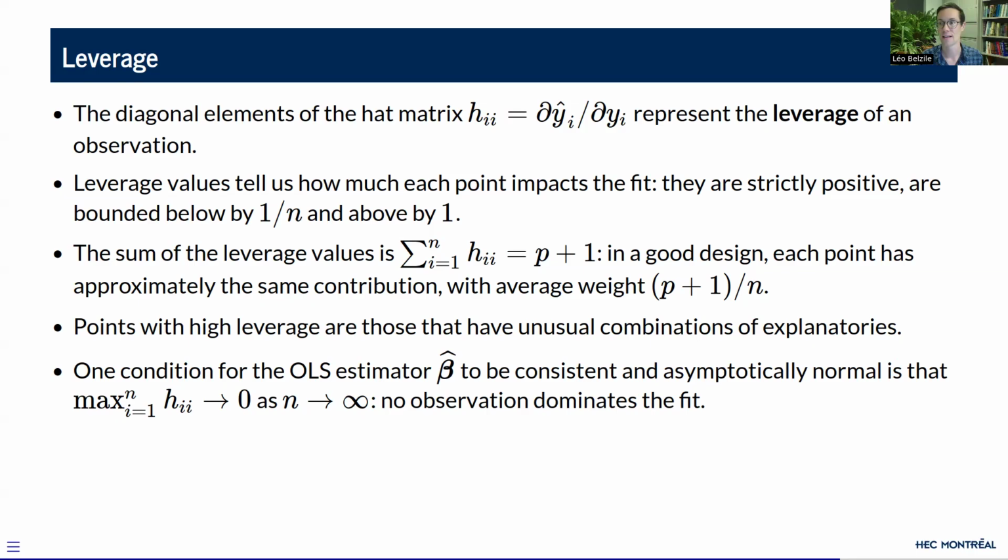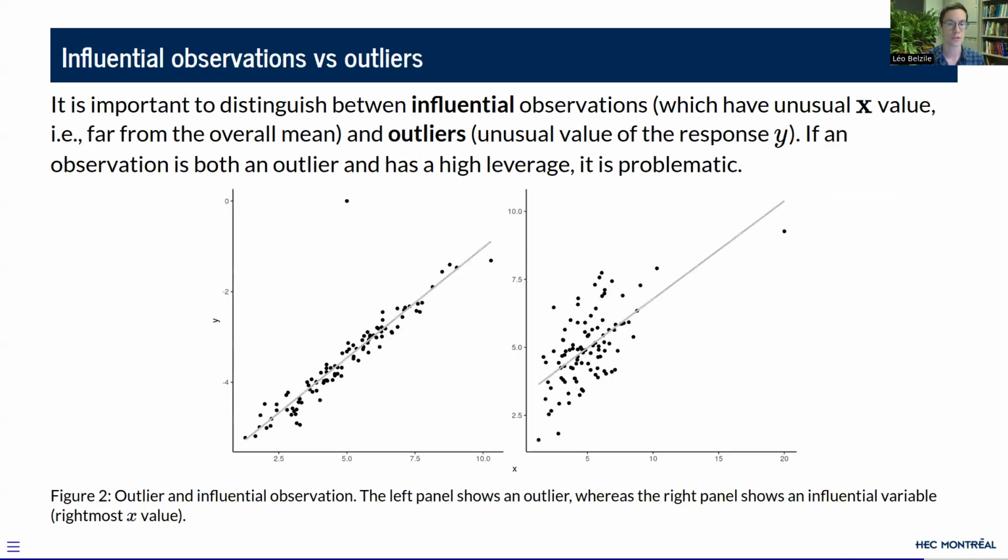In other words, even if I have some very influential points, as I gather more data, their impact is going to decrease, okay? If a point drives the whole fit, then that's no good. I'm getting sort of rubbish estimates. Okay, let's look at some pictures. And let's make a distinction now between influential observations and outliers.